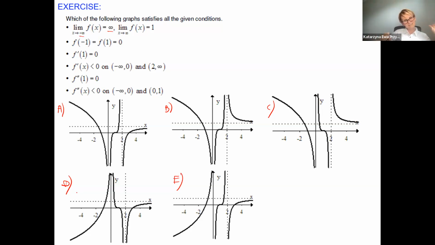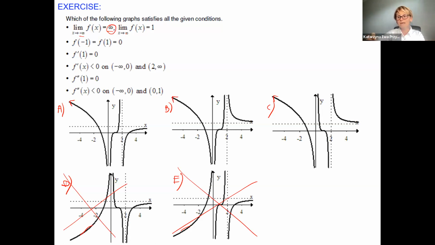As x goes to negative infinity, which function goes down? This function goes down and this function goes down. They're not good, because we have to have up, positive infinity.